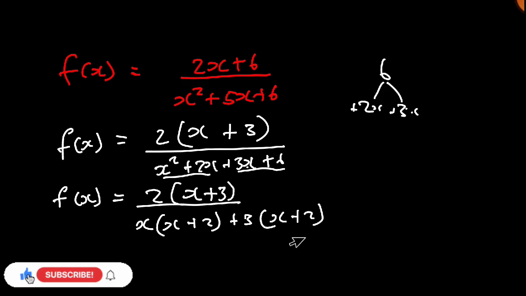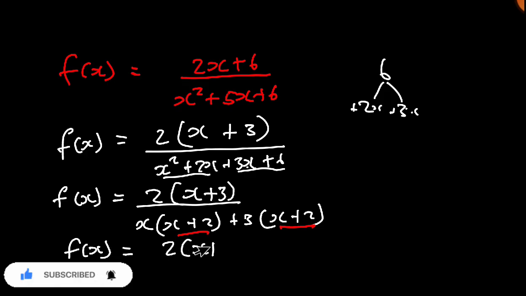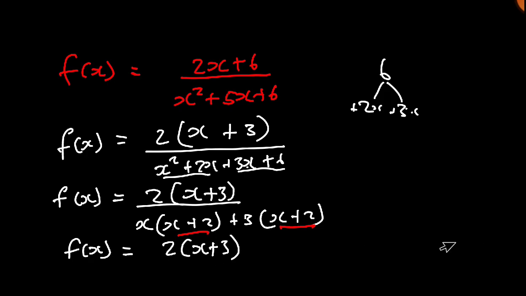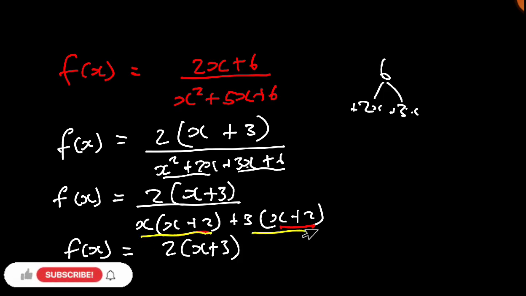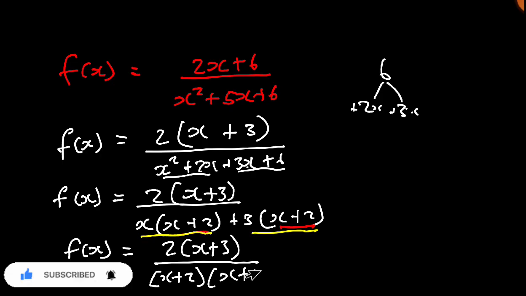Once this and this are the same, then you know that you're on the right track. So we have f of x equals 2 times x plus 3. Now we're going to factor this. They have x plus 2 in common, so we factor out x plus 2, and the remaining will be x plus 3.